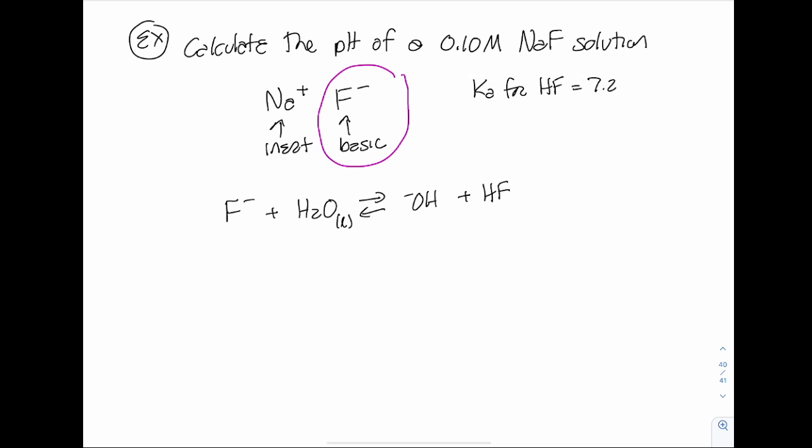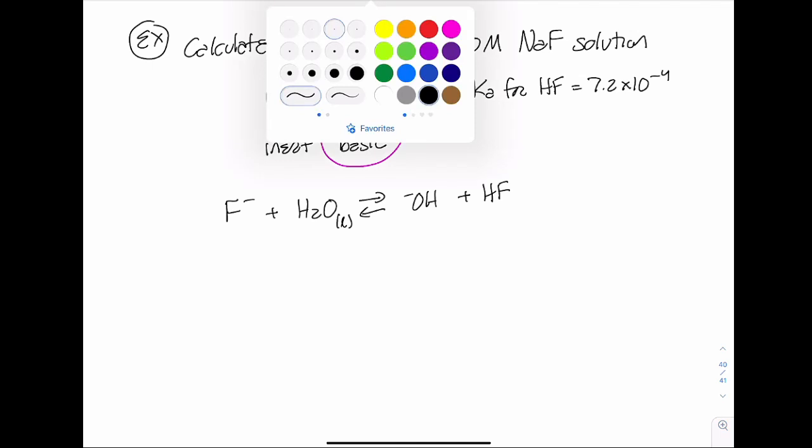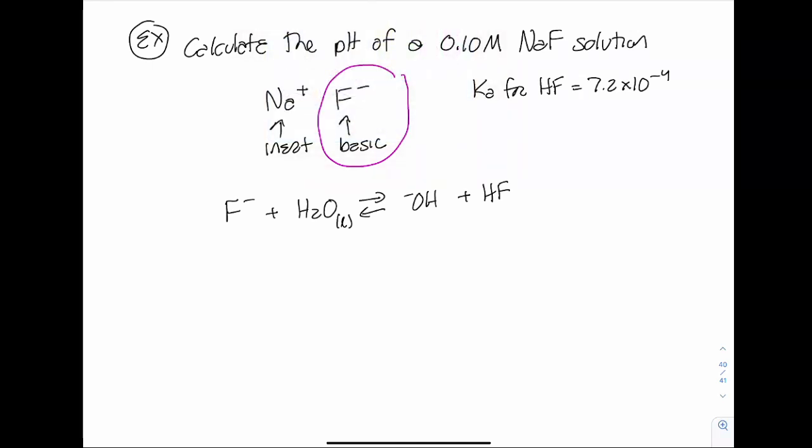It is 7.2 times 10 to the negative fourth. Because I wrote the base dissociation equilibrium equation, what I need is Kb. So we have to determine Kb, and we can do that by dividing Ka into Kw. So we'll do that.